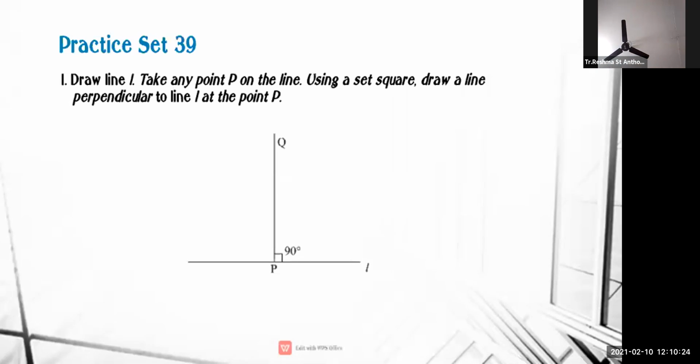All this material you're going to use. This is compass, this is protractor, this is set square, and this is also another set square, and this is scale.